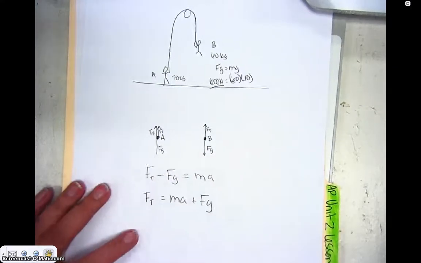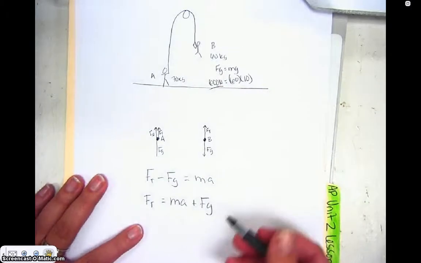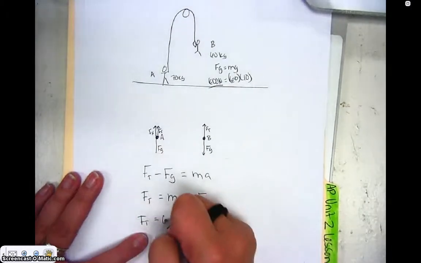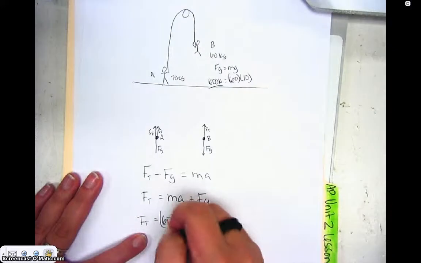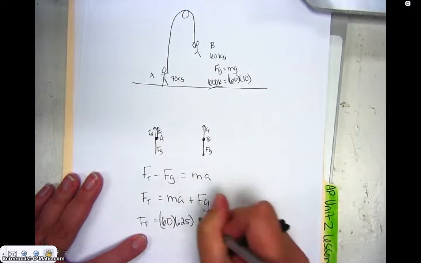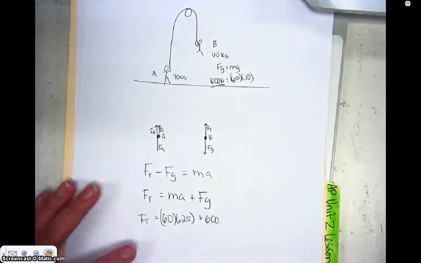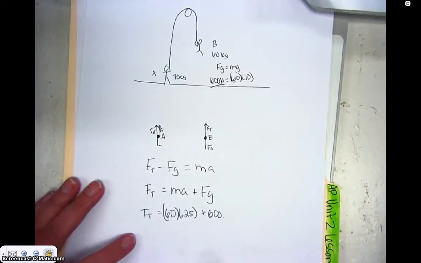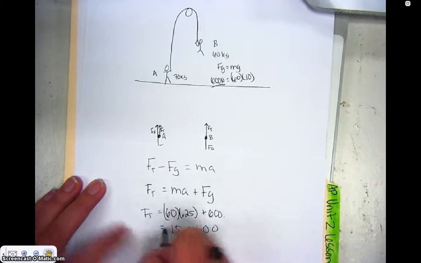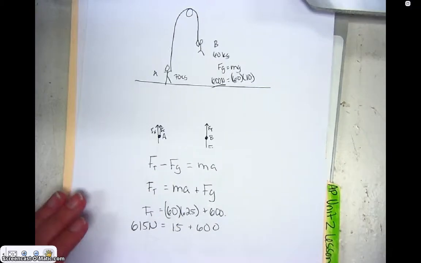The Fg here is his weight. So I get Ft is equal to 60, the mass of the kid that's accelerating, times acceleration, which is 0.25, plus his weight, which I already calculated is 600 newtons. 60 times 0.25 is 15, so 15 plus 600 gives me a force of tension of 615 newtons.